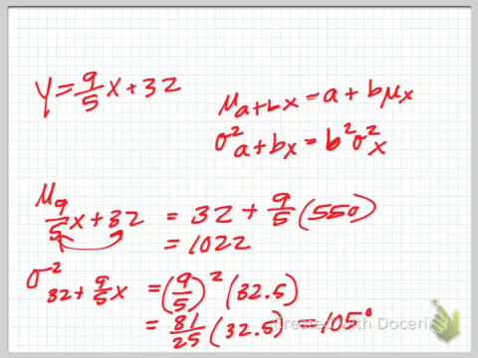Remember, to get the standard deviation then, we need to square root that. Square root of 105.3. Square root of that is 10.26. Alright, so we've done part A, part B, part C.